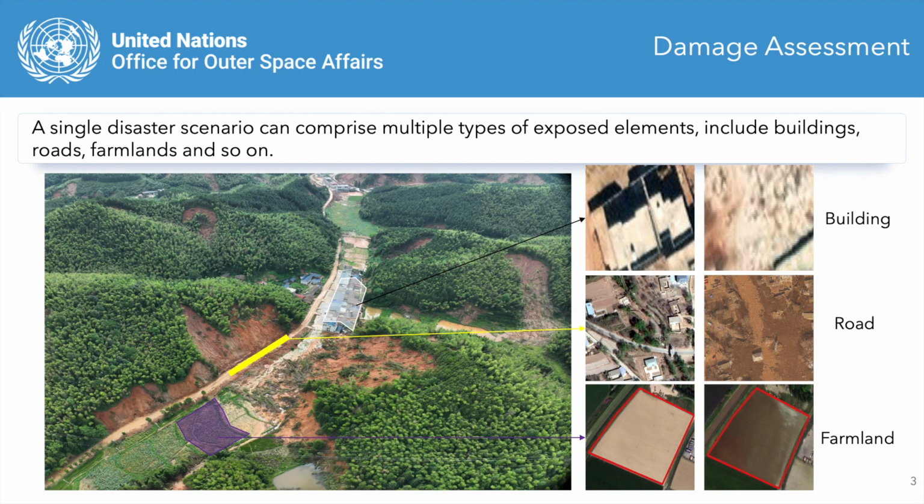Based on their economic attributes, the main human-made features affected during a disaster, often termed exposed elements, can be systematically categorized. The first is buildings and structures. This encompasses everything from residences, schools, and hospitals to factories and commercial facilities.